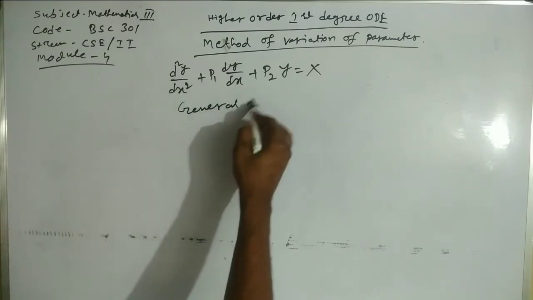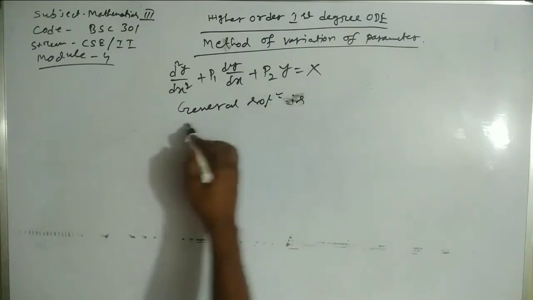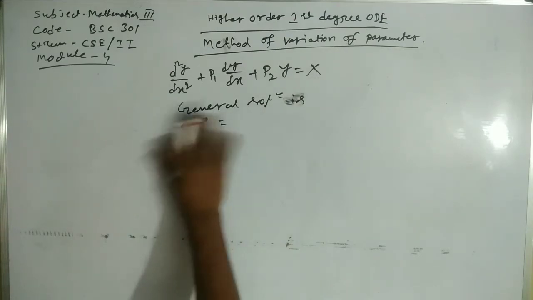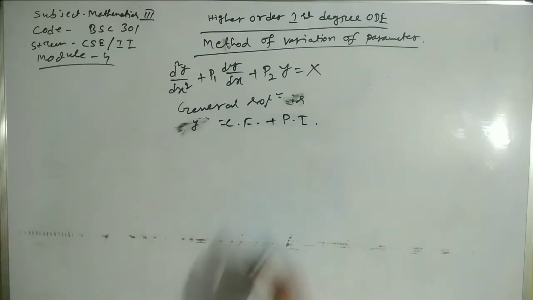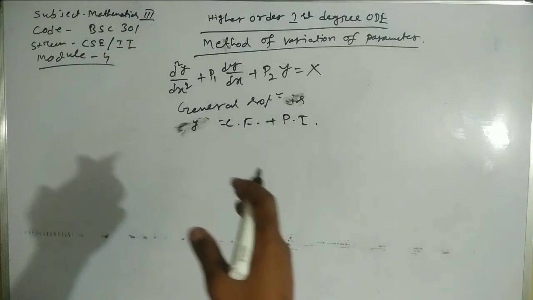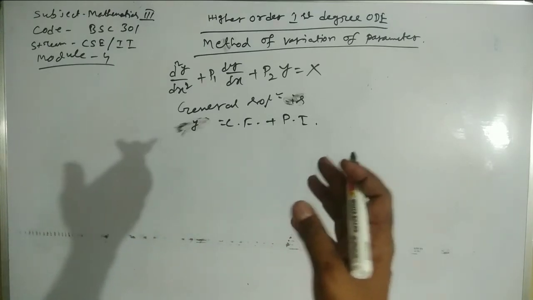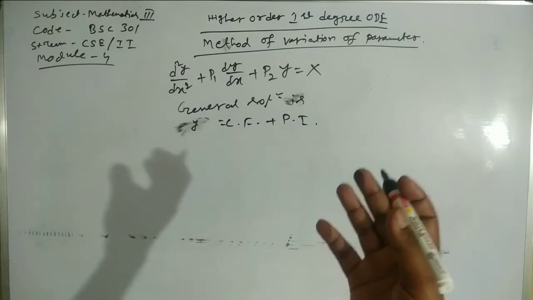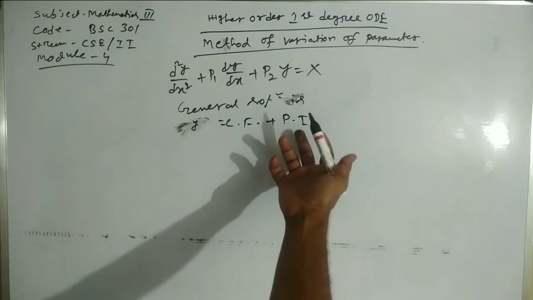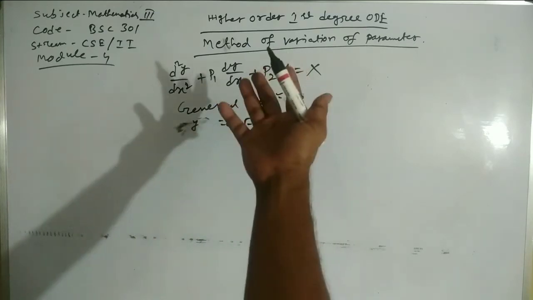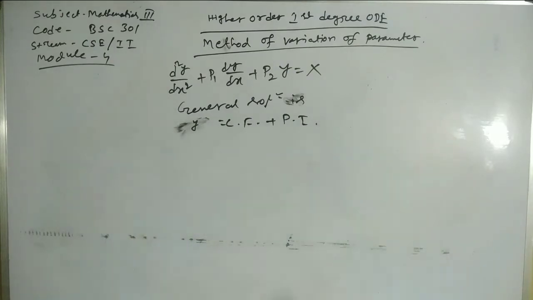So the general solution is y equal to CF plus PI. In the previous chapter we learned how to find the complementary function, and how to find the particular integral using the D operator method. But in this chapter the procedure for finding the particular integral will be different, and the name of this method is variation of parameter. We will learn this method in this video.